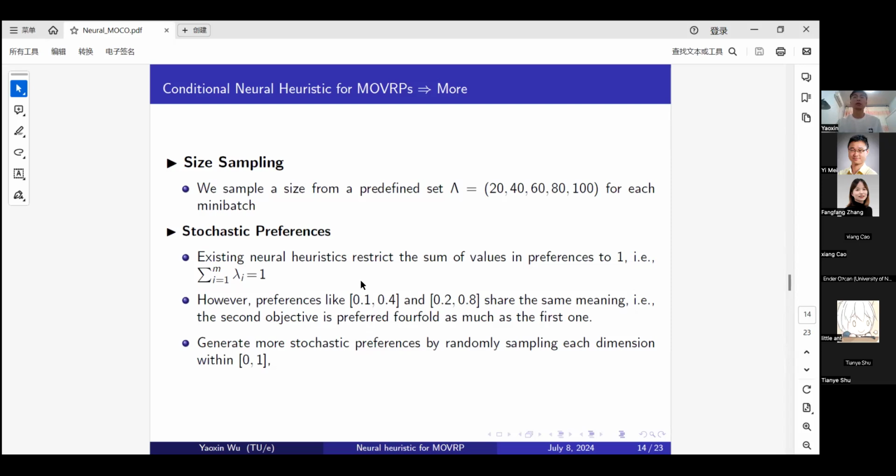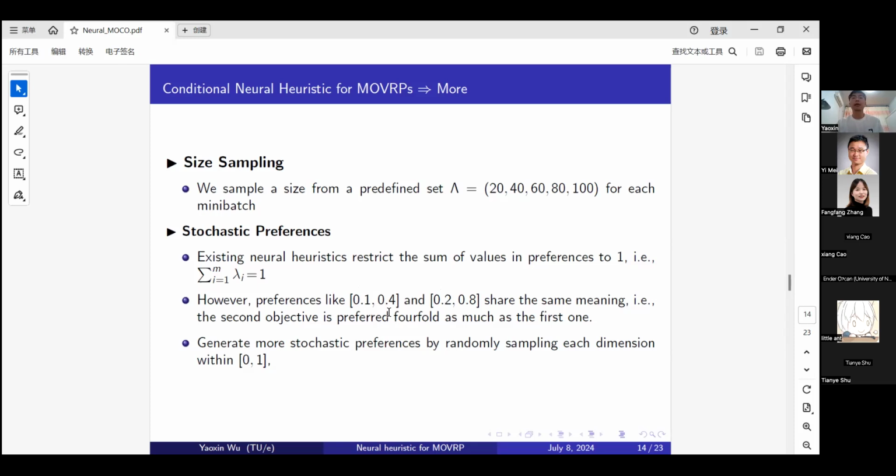We sample the element in the preference from 0 to 1, and we input this more random preference into the neural network. But finally, if we compute the reward, we will still normalize these values into values with sum 1.